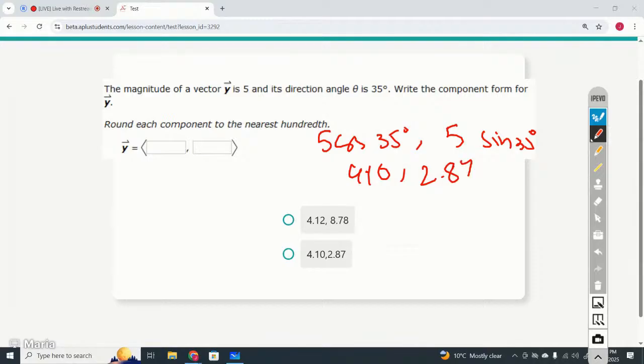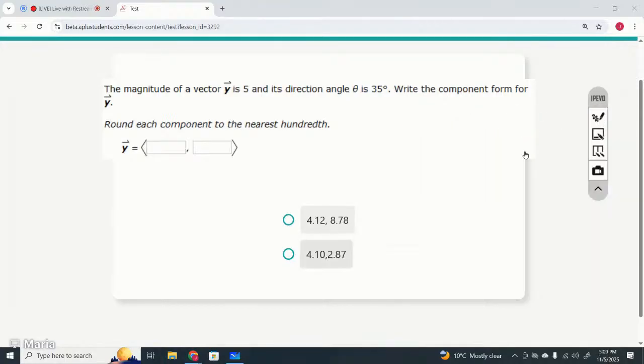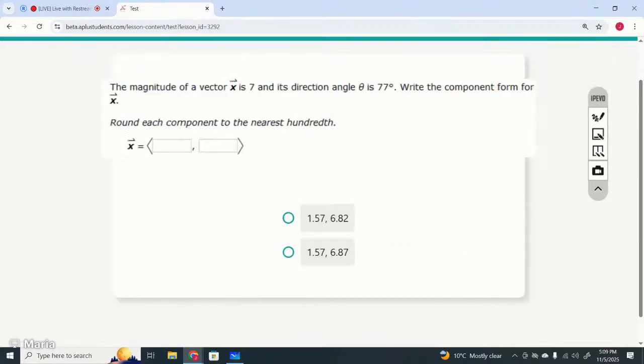So option number 2 is the correct option. The correct option is 4.10 and 2.87.